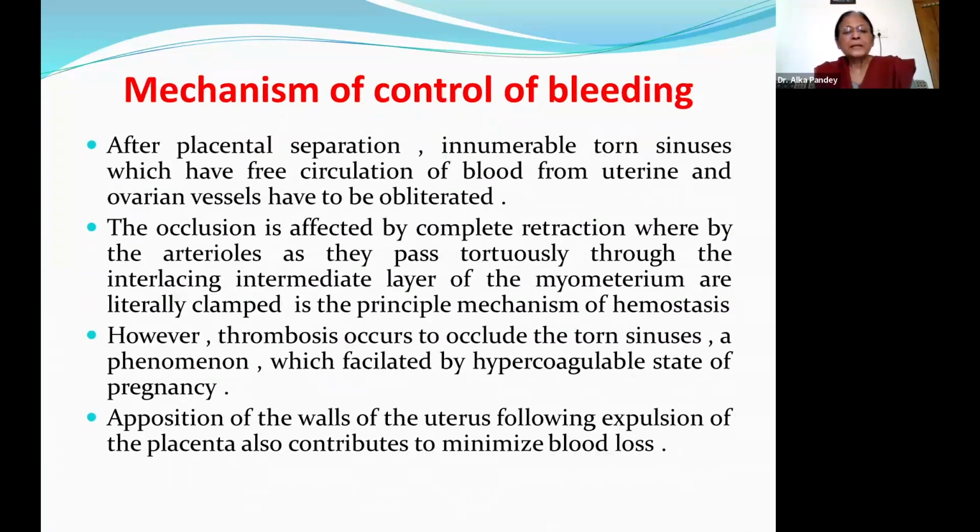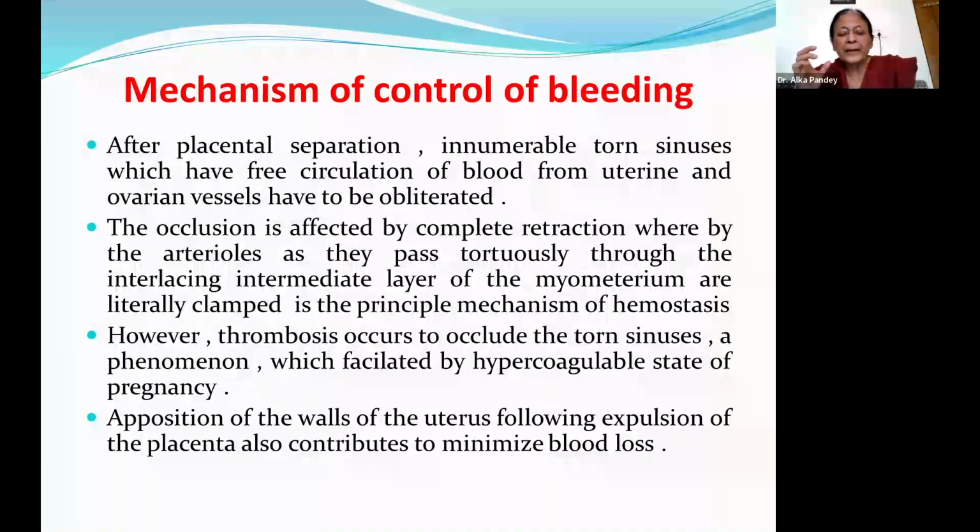Now, after placental separation, innumerable torn sinuses, which have free circulation of blood from uterine and ovarian vessels, have to be obliterated to stop the bleeding. The occlusion is effected by complete retraction, whereby the arterioles, as they pass tortuously through the interlacing intermediate layer of the myometrium, are literally clamped.